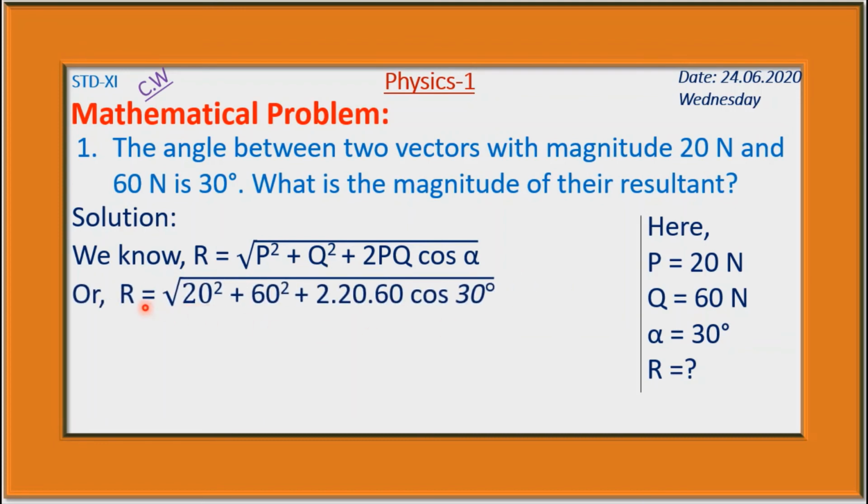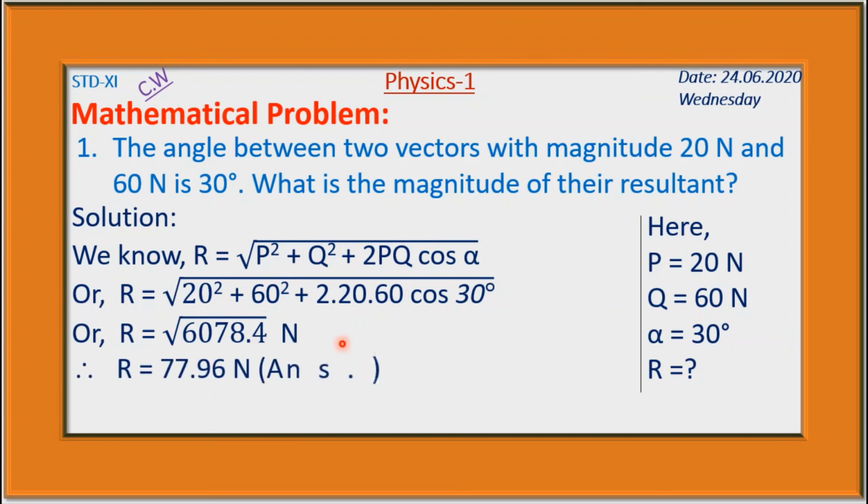Therefore R is equal to root over p square means 20 square, q square means 60 square, and 2 into 20 into 60 cos 30 degree. If we calculate this, we will get R is equal to root over 6078.4 Newton, and finally R is equal to 77.96 Newton, and this is the answer.